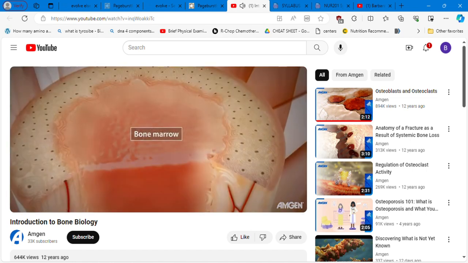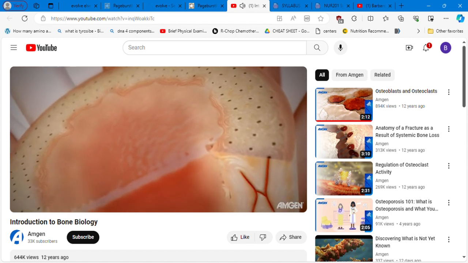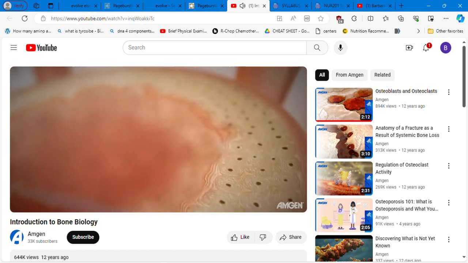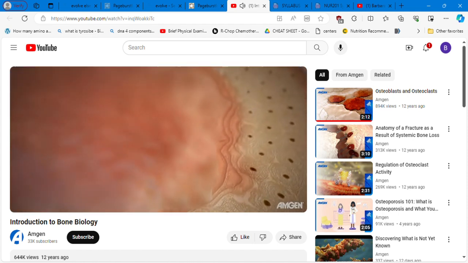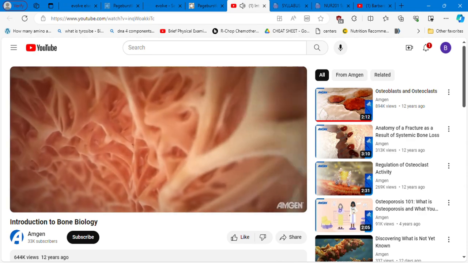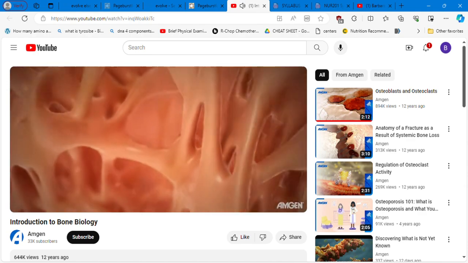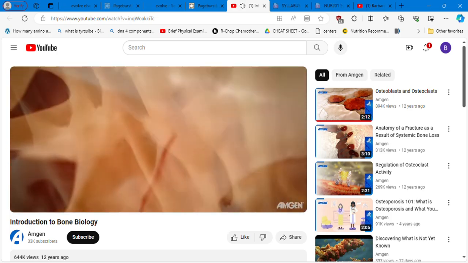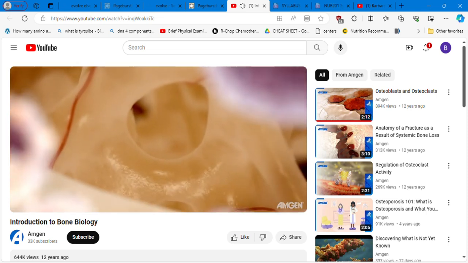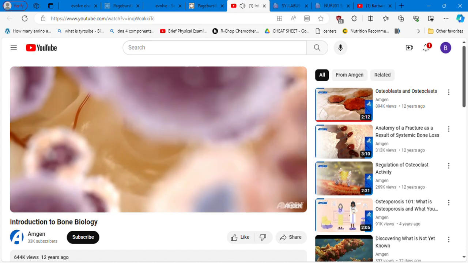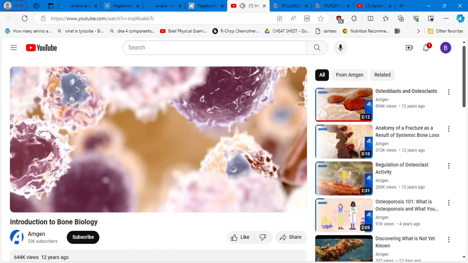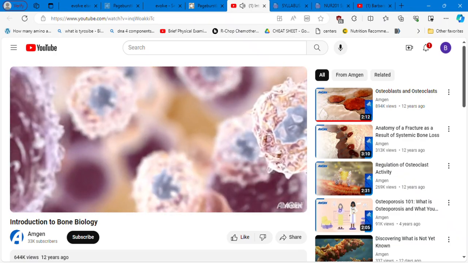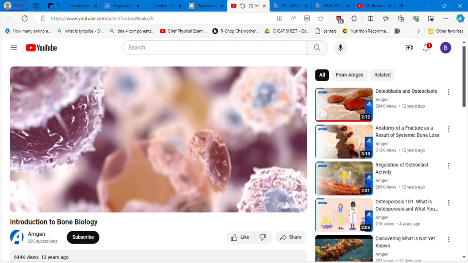Bone marrow is found within the interior of bones. The surrounding trabeculae and vascular network provide structural support, nutrition, and a waste removal system for the heterogeneous group of cells found within this space. Bone marrow is a site for hematopoiesis, the process by which the cellular components of blood are formed.